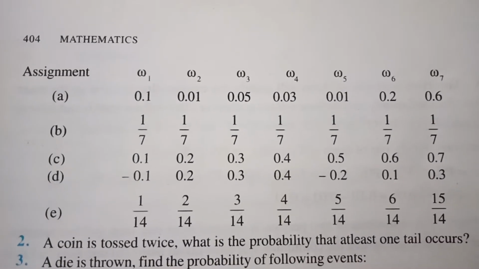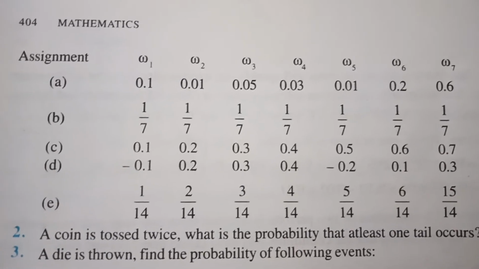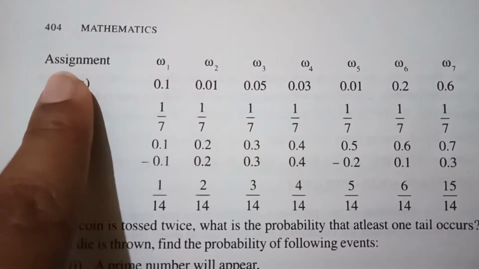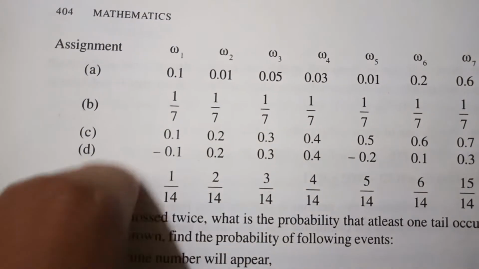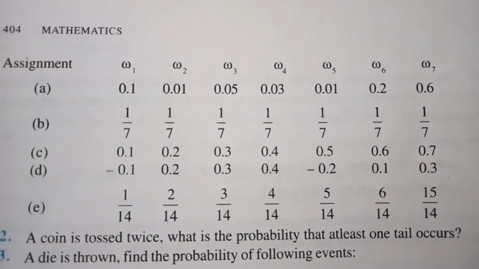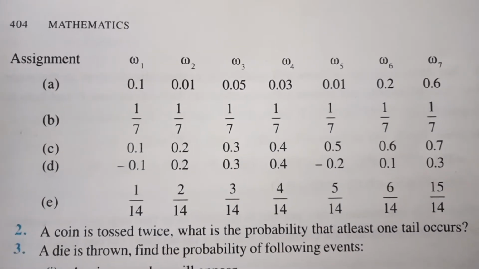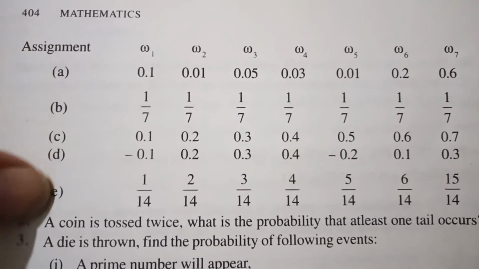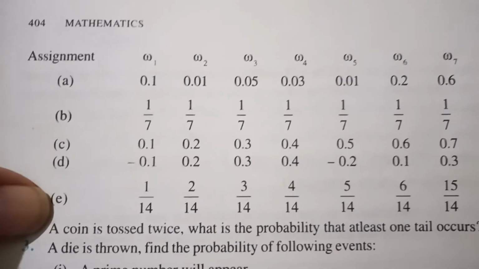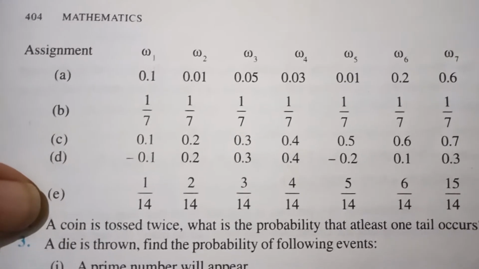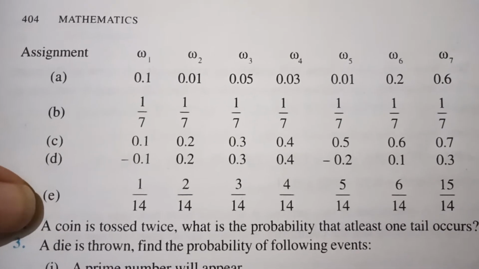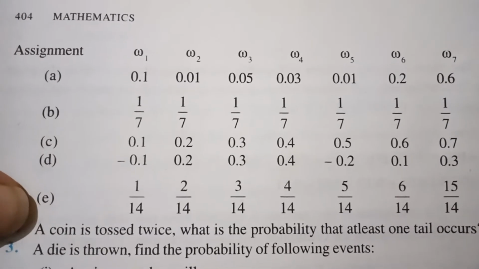Look at exercise 16.3's question number 1, and these are the assignments. These 5 assignments are given. Like we discussed 2 assignments, here 5 assignments are given. We need to verify which assignments are valid.